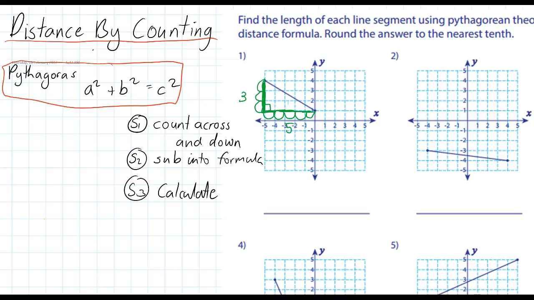So what I do is I rewrite the Pythagoras' theorem. A squared plus b squared equals c squared. Then I chuck in my 3 and 5 for my a and b. C is the length for the one we're trying to find out, but 3 and 5 are the a and b.